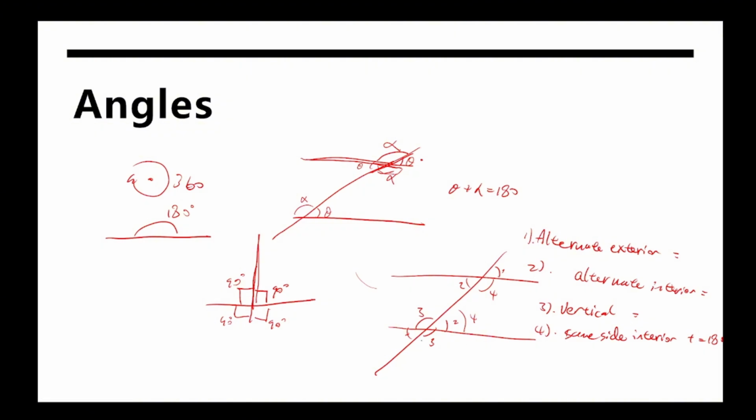Then same side exterior, they also add up to 180. And last, corresponding, here, corresponding angles, they are equal. Okay, now moving to circles.